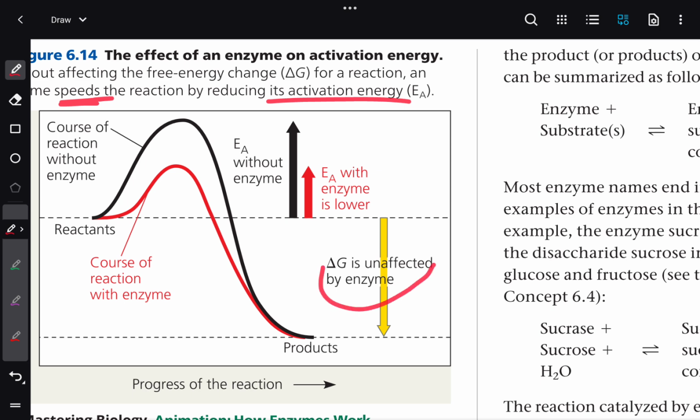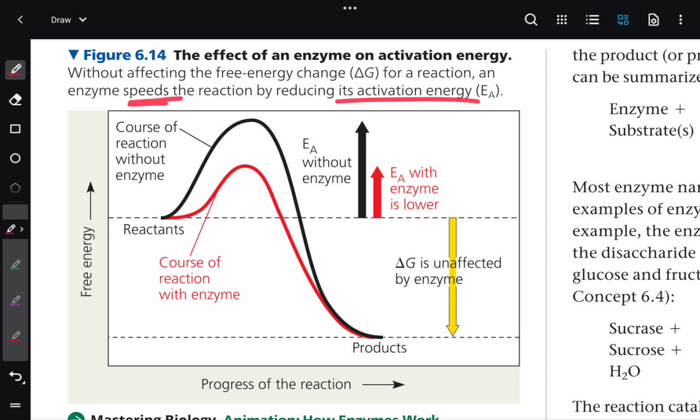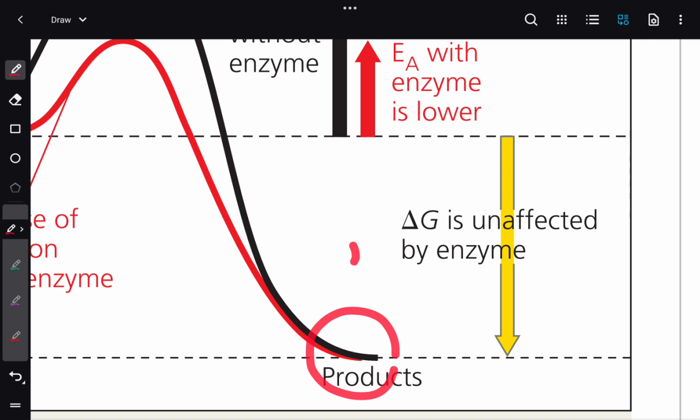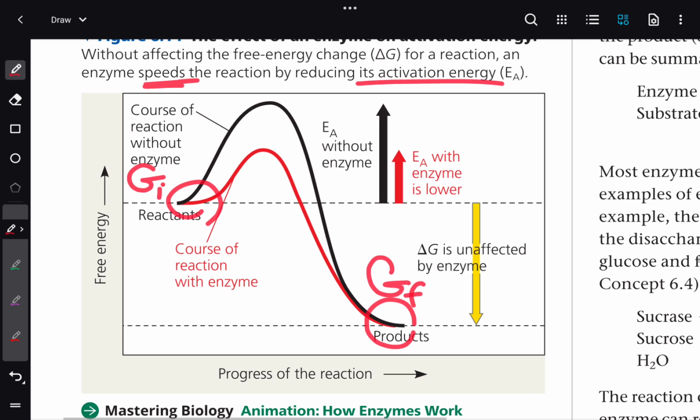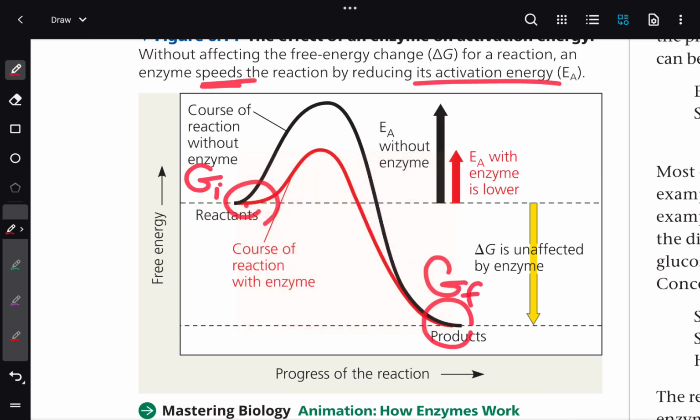The difference is the same. This is G final, and this is G initial. The shorter path of energy here is what the enzyme actually provides. It's just a shorter path.